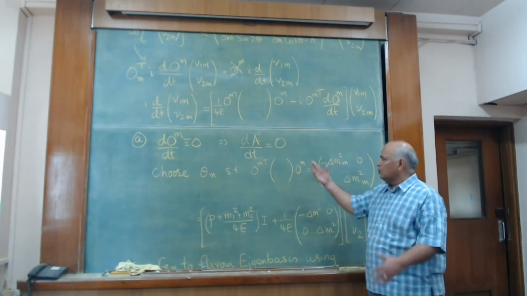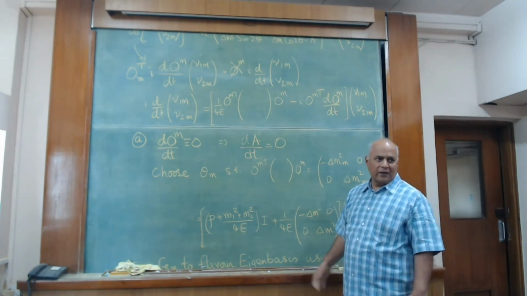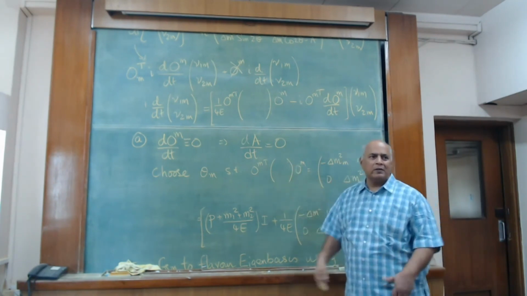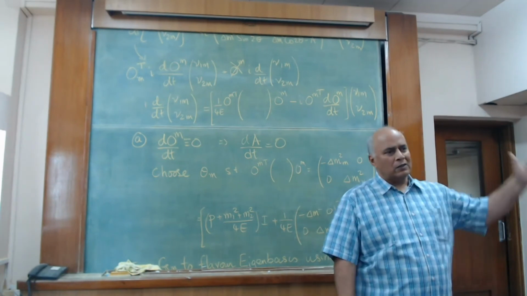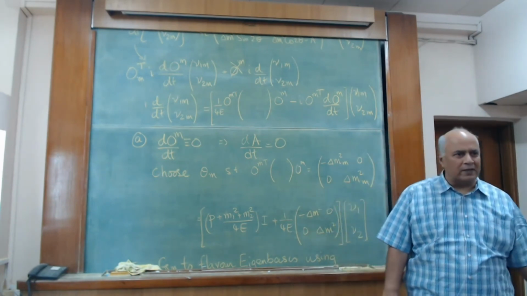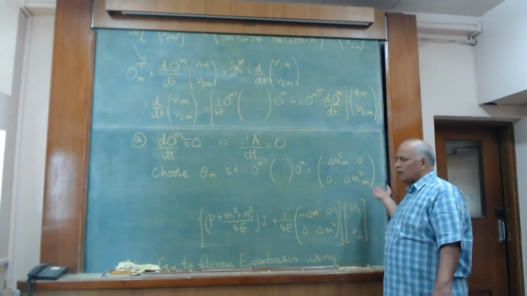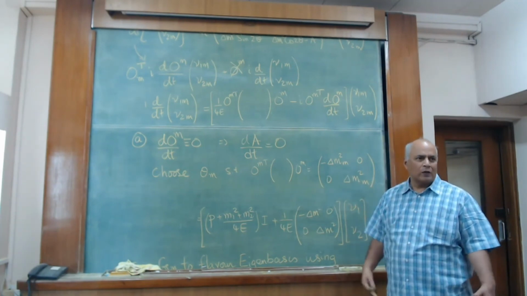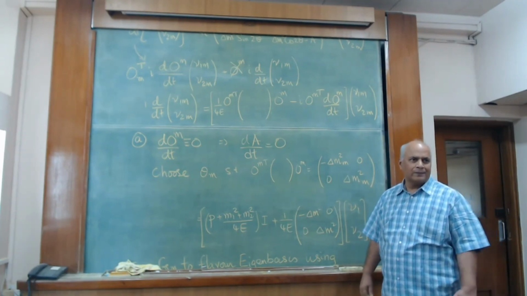We choose the orthogonal matrix in such a way that the symmetric matrix becomes diagonal, and since the original matrix is traceless, the corresponding diagonal matrix will also be traceless.